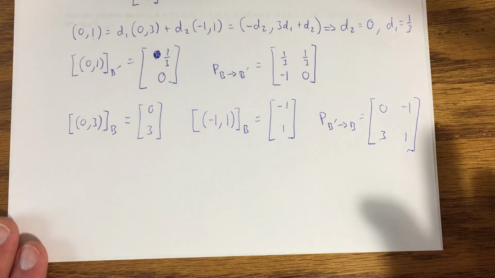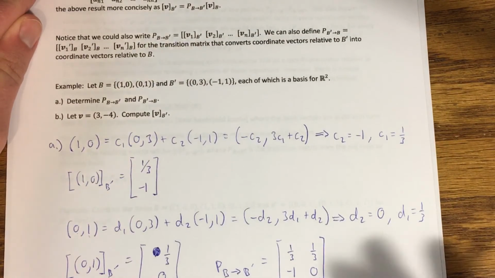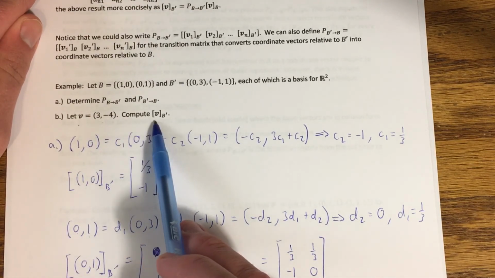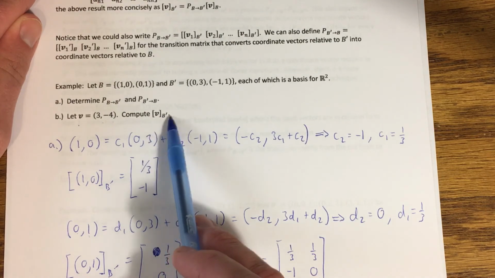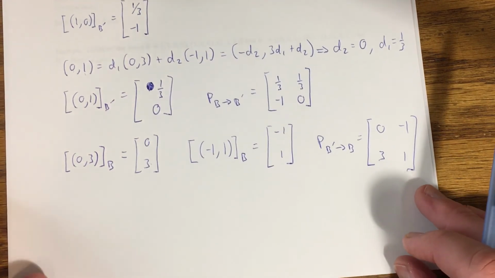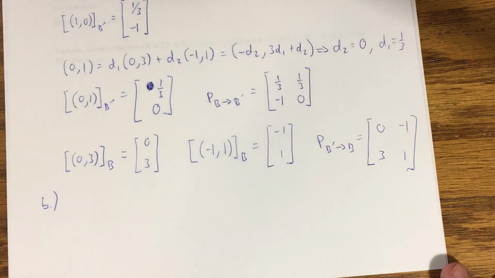That's part A. Now part B, take a look at part B. We're asked to take this vector, 3, negative 4, and express it as a coordinate vector relative to B prime. And I could do that the old-fashioned way, expressing it as a linear combination to find those scalars.